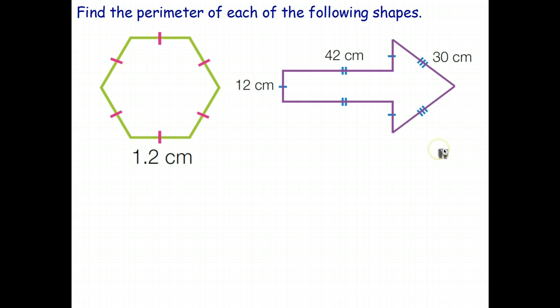Okay, I'll do the one on the left, and I'll let you have a go at doing the one on the right. Find the perimeter of each of these shapes. I start by writing the only formula that I need for perimeter, which is sum of all sides.